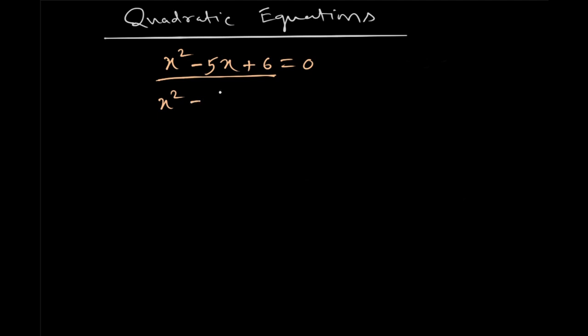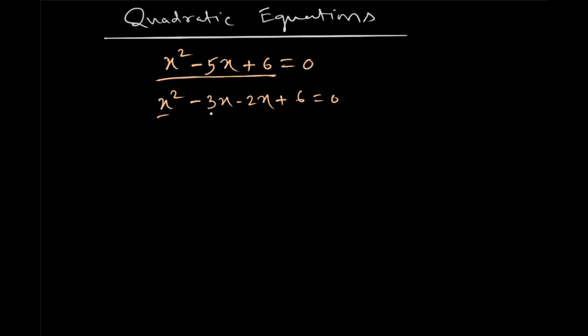So x square minus 3x minus 2x plus 6 is equal to 0. You can see that if you multiply these two coefficients, we get 6, and if you add them, we get minus 5. Quadratic equations are factored in this manner.